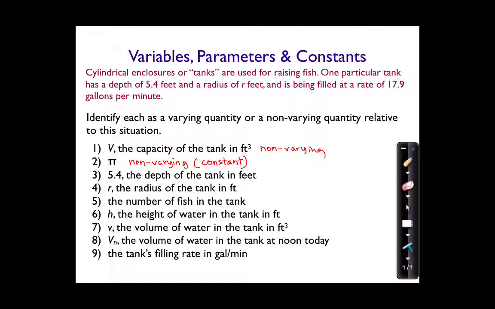So I could write an expression for V, but it would involve r, because radius helps us find the capacity of a cylinder. So this capital V here, since that's not something I can look up in a book and find, it's not a constant, but it's a constant quantity. That makes V, this capital V, a parameter.